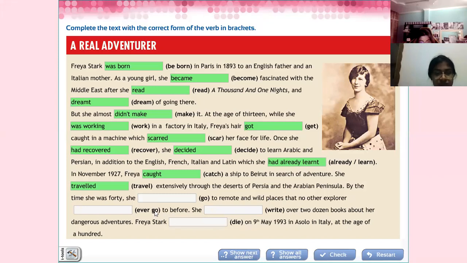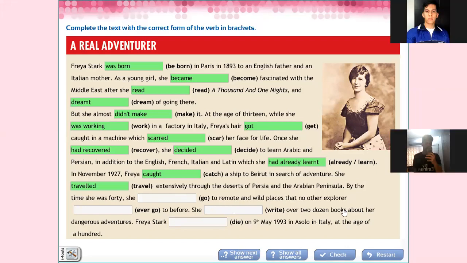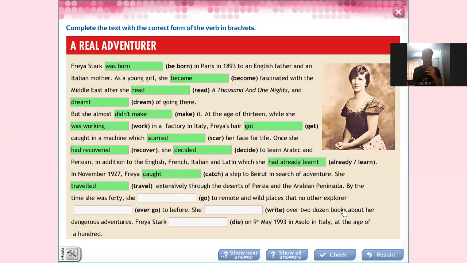By the time she was 40, she... Past continuous, past perfect, or simple past? Had gone, or went, or was going.